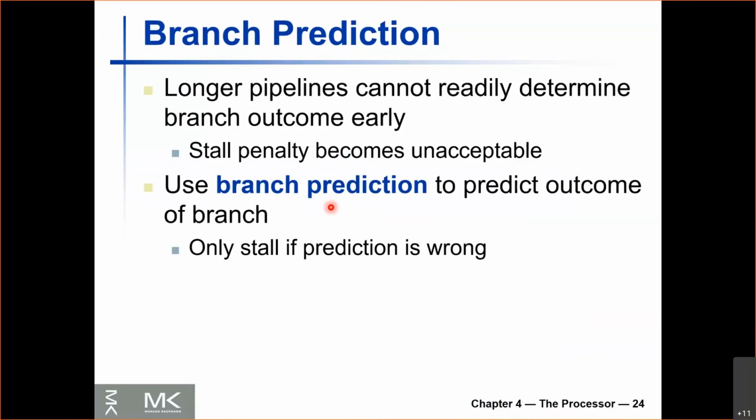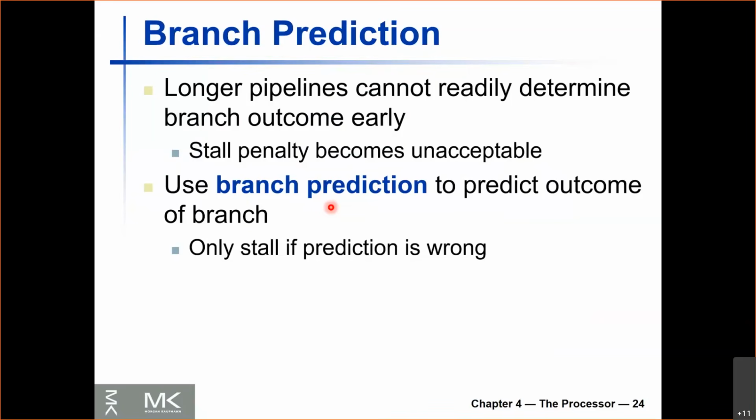Either it predicts that the branch is not taken and continues executing the next instruction, or it predicts that the branch is taken and continues executing the instructions that are the target of the branch. In most cases, the processor can actually predict correctly.